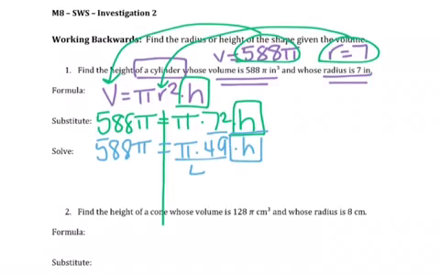I'm going to start by dividing by 49, because 49 divided by 49 is just 1, so you can think of it like canceling out. On the other side, 588 divided by 49 gives us 12, but we still have this pi here. So 12 pi is equal to pi times the height.